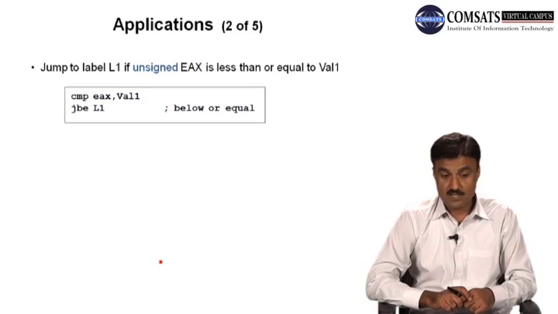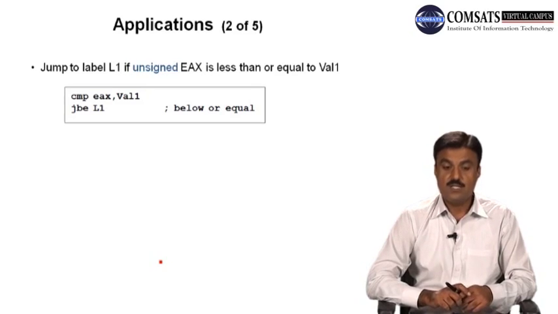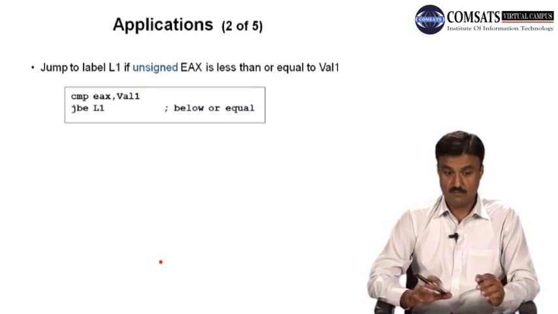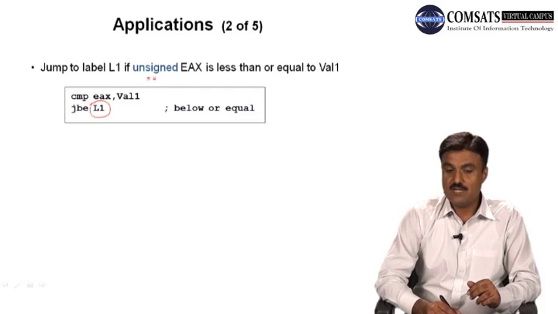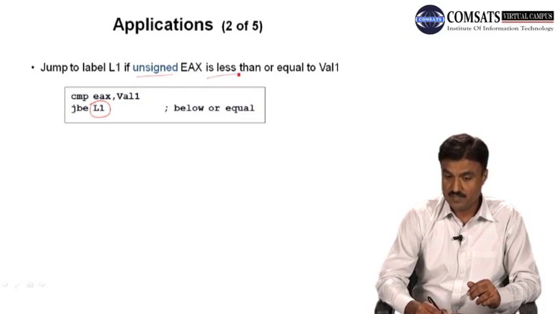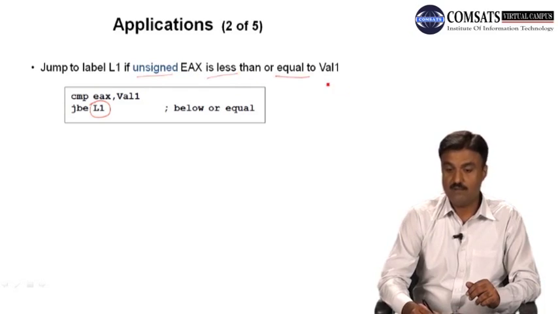The next task is to jump to label L1, where L1 is the label name. We want to jump to this label if unsigned EAX is less than or equal to val1.